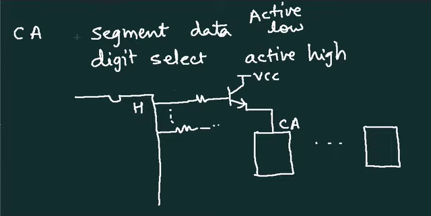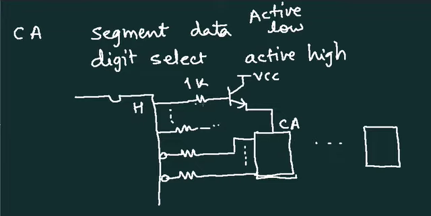Then since the segment data is active low, the same logic as earlier is possible. All right. So, this resistor can be of say 1K or so on. It does not play much part because this is an emitter follower.